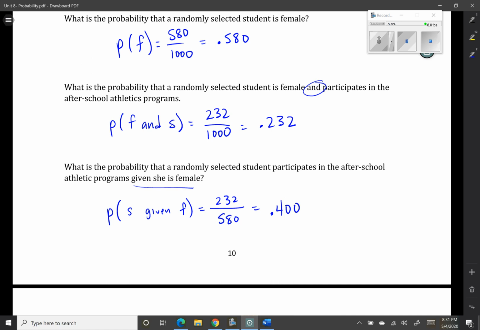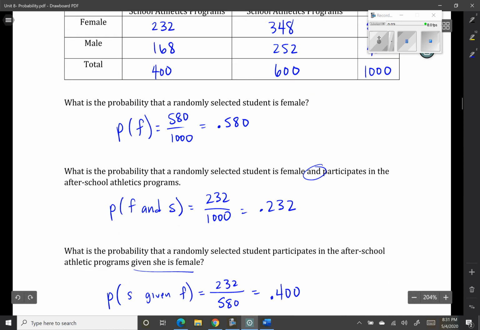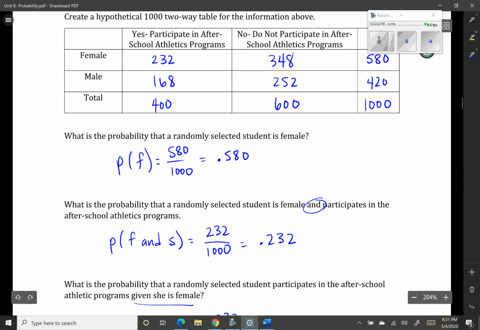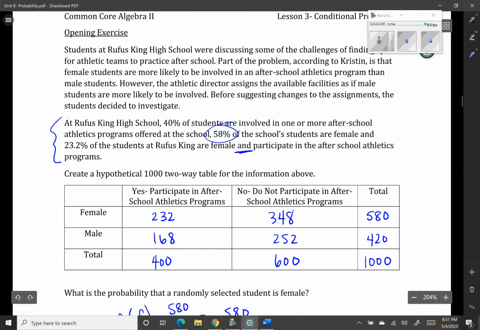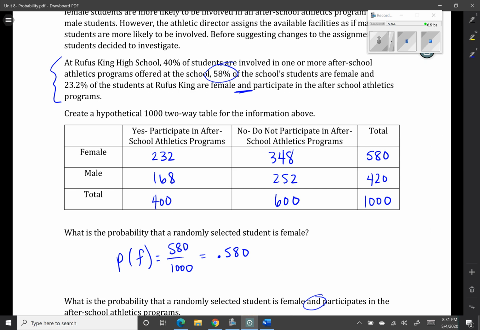So some of the things that we could start to determine here: 40% of students that are female participate in sports. That's a high percentage. If I was to do a conditional probability for the males that played sports, just to try and answer their question, it's also 40%. So the only reason why this girl, I think it was a girl, Kristen, thinks that the girls should get more playing space or available facilities is because there's just more girls in this school.